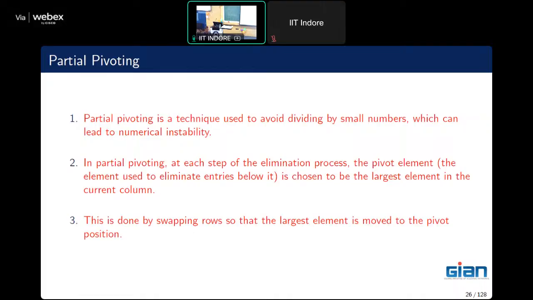Sometimes you use an elementary matrix instead of elementary operations, because the elementary matrix comes from elementary operations. This is done by swapping the rows so that the largest element is moved to the pivot position.